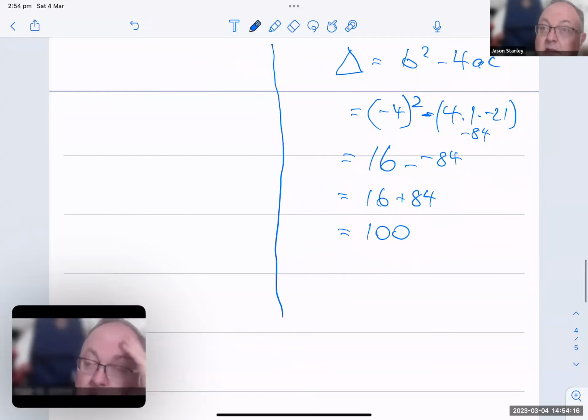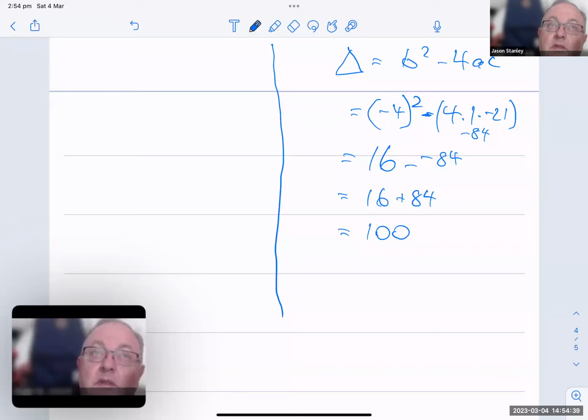Now, what's the telling thing? I've left that deliberately because I have taught you it, but it may not have got in. What class is that for delta? What's the big idea behind this last line? You're seeing equals 100. You're probably thinking, so what, Jason? It's 100.